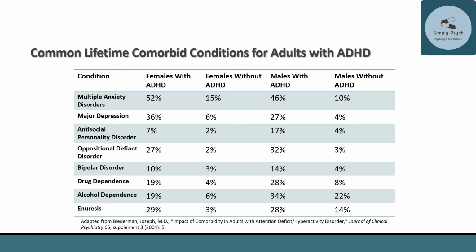So, common lifetime comorbid conditions. ADHD rarely stands by itself. You can see here that it's broken down by men and women. This is taken from a paper by Biederman. But it's interesting because when it comes to ADHD, anxiety and depression are by far the most comorbid conditions. And that's not surprising to me at all, right?